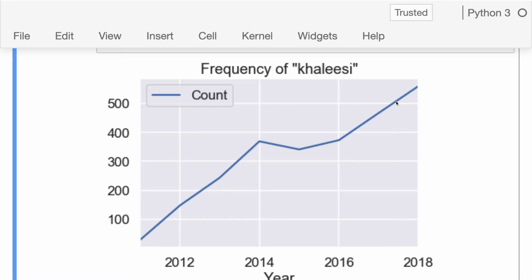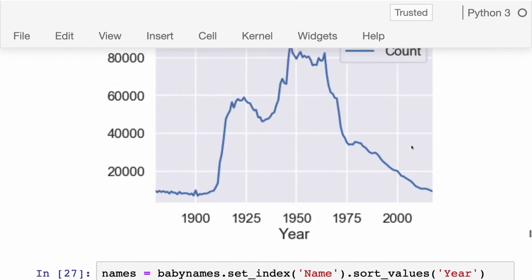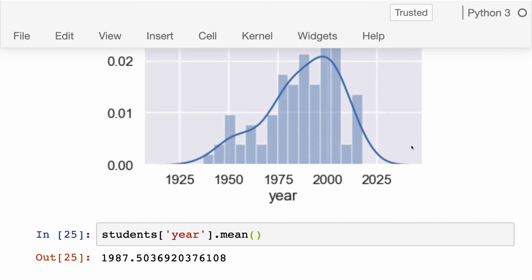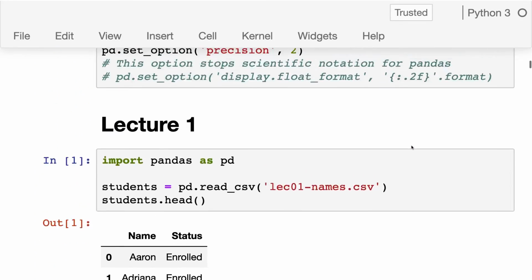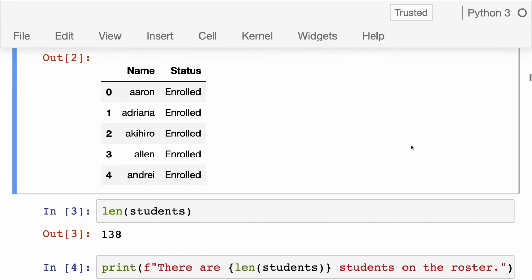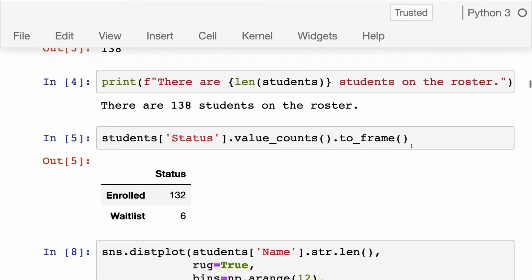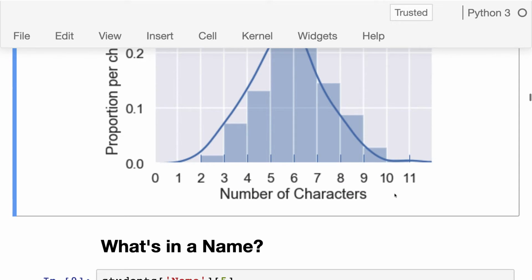Yeah. All right. So let's take a step back now and take a look at what I just showed you in this demo. So what I did here is I took a data set, I read it in, I did some manipulation on the data set, I looked at what was in my data by plotting distribution, and then I realized, oh, maybe I can do some more interesting analysis by bringing in a second data set.